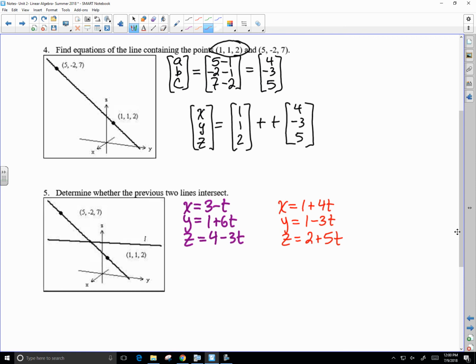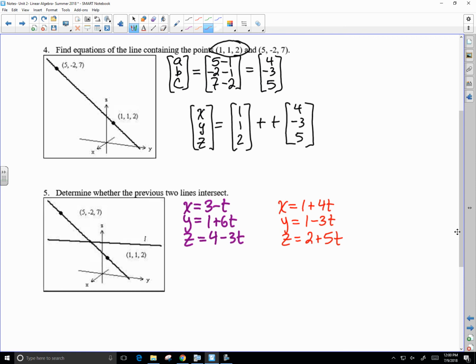Now, we're going to make a slight adjustment to this because what we're dealing with here, I mean, we have three equations, two variables. It seems like it's very easy to solve the value of t. What that would give us is a location of where these two lines would potentially intersect. Right? Now, it depends on the situation, I guess.